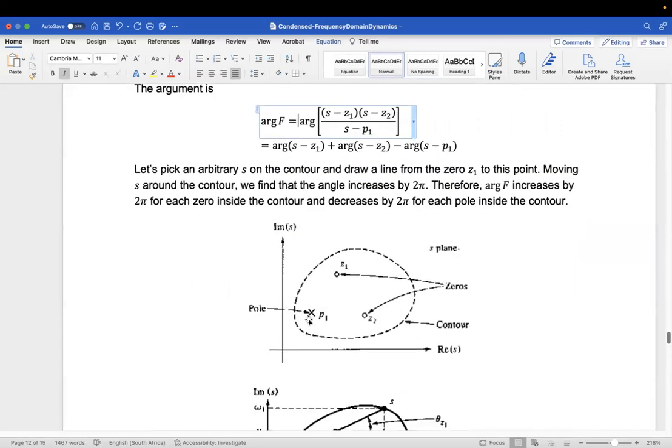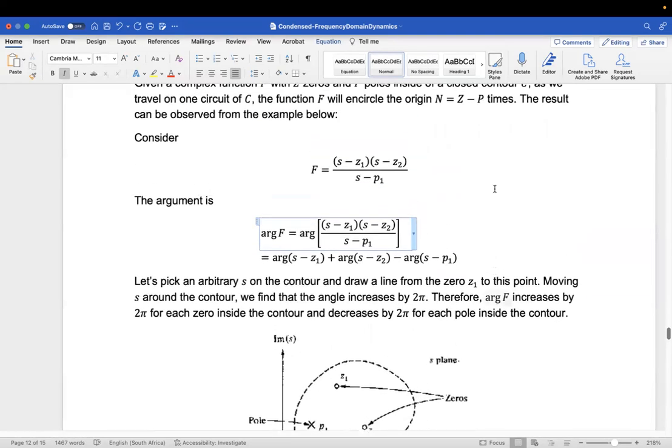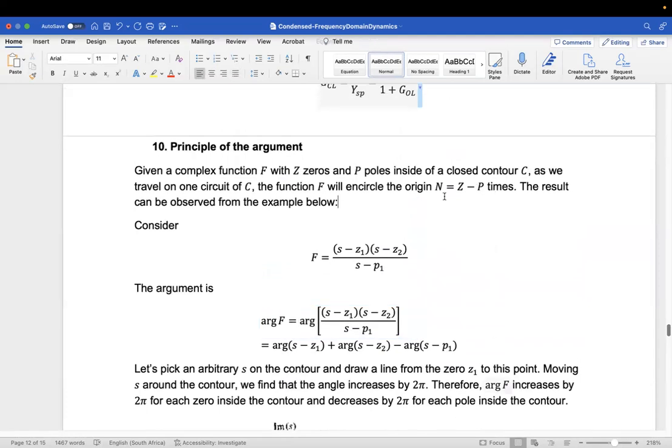So that's what f will do. It will encircle the origin a certain number of times as we choose s values traveling along this contour. So this is a result that's going to matter quite a lot in terms of our control strategy.